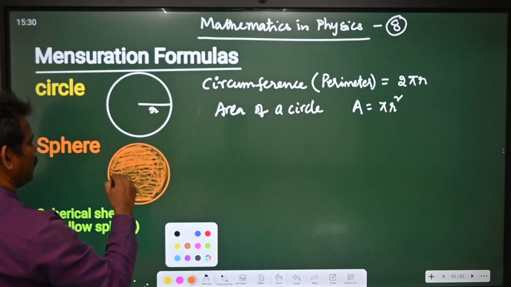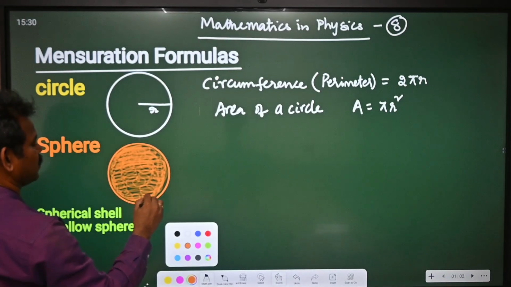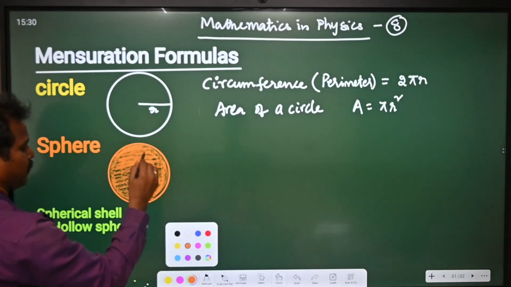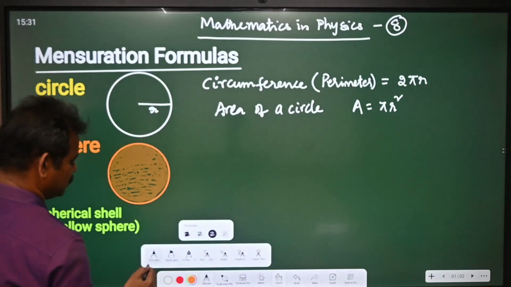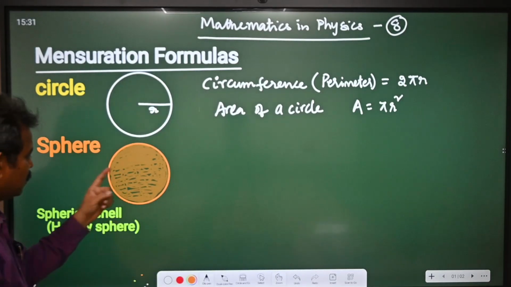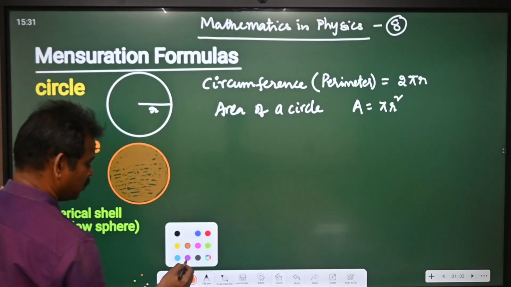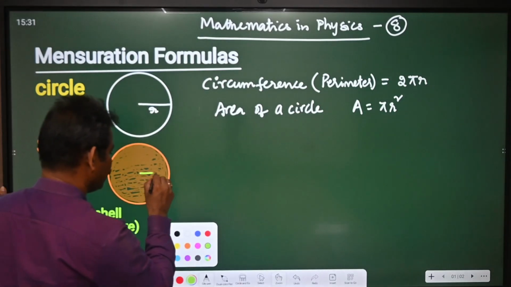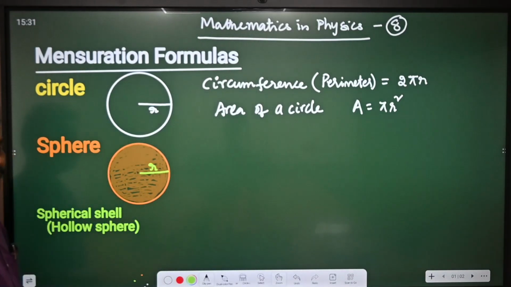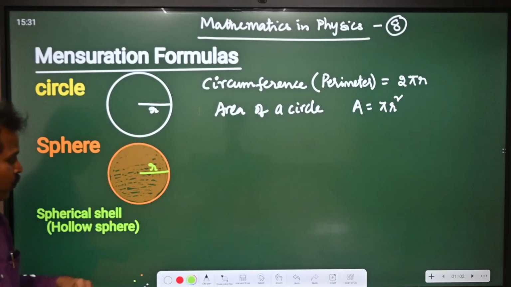Now what are the formulas for a solid sphere? If the radius of the solid sphere is given as r, we can find out two values.